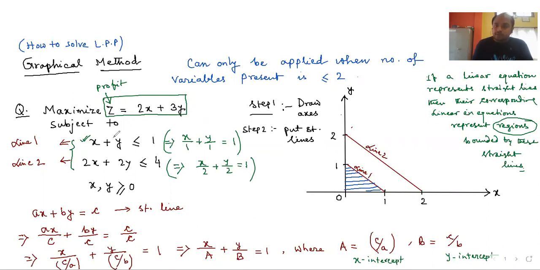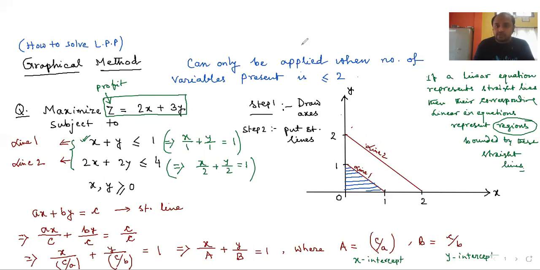If I put 0, 0 in the second equation, then we see that this also satisfies the inequation, and therefore the region bounded by that equation will be the side containing 0, 0.